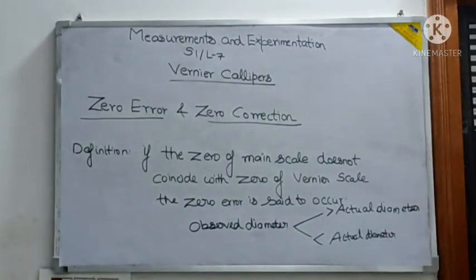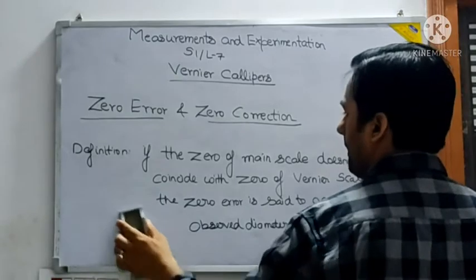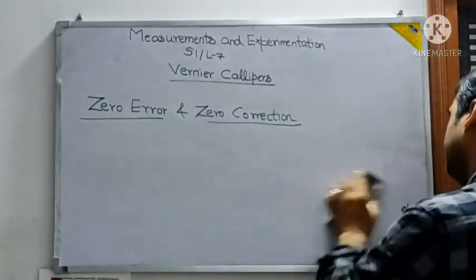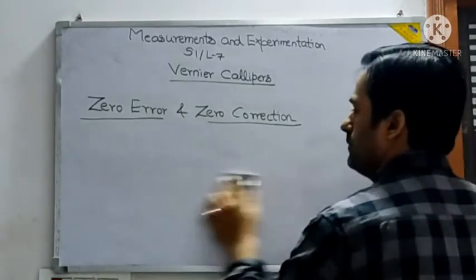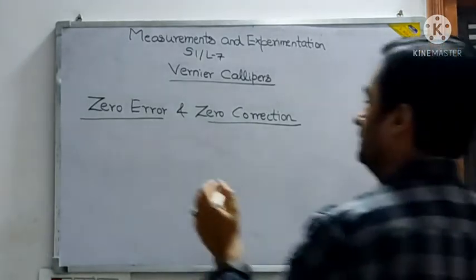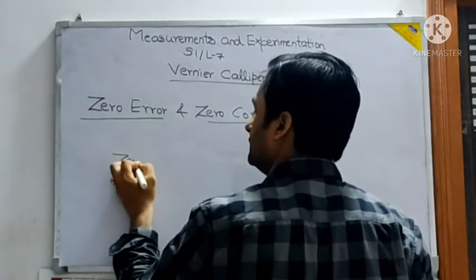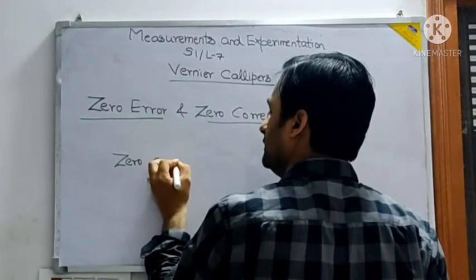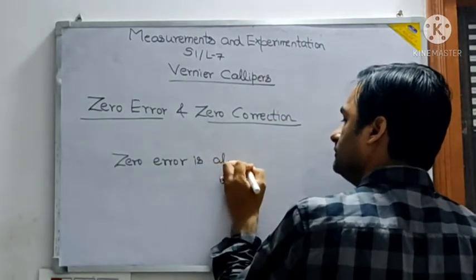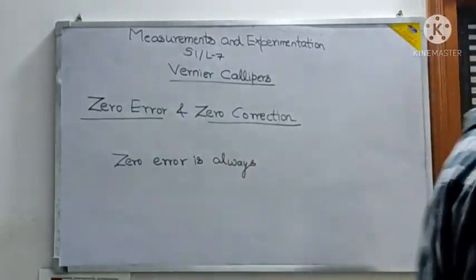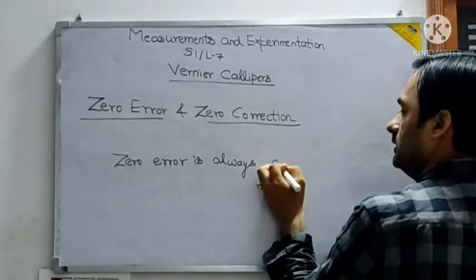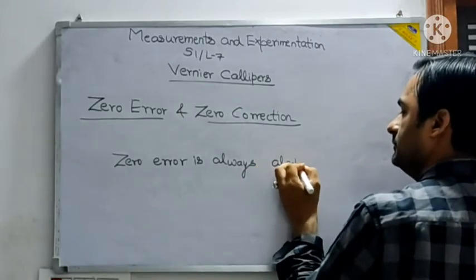But this definition must be written. Now, let us see what other thing is given. It is saying zero error is always algebraically subtracted from the observed length. Algebraically.